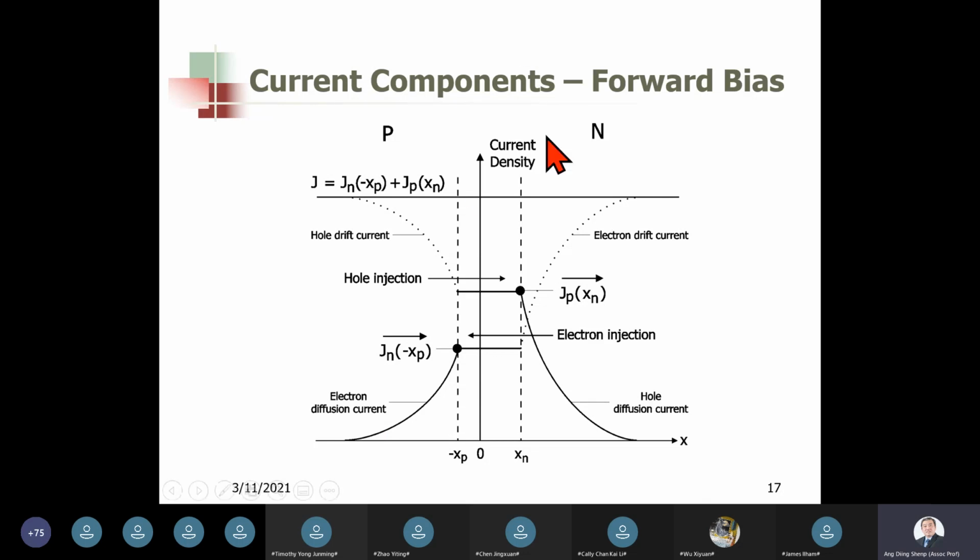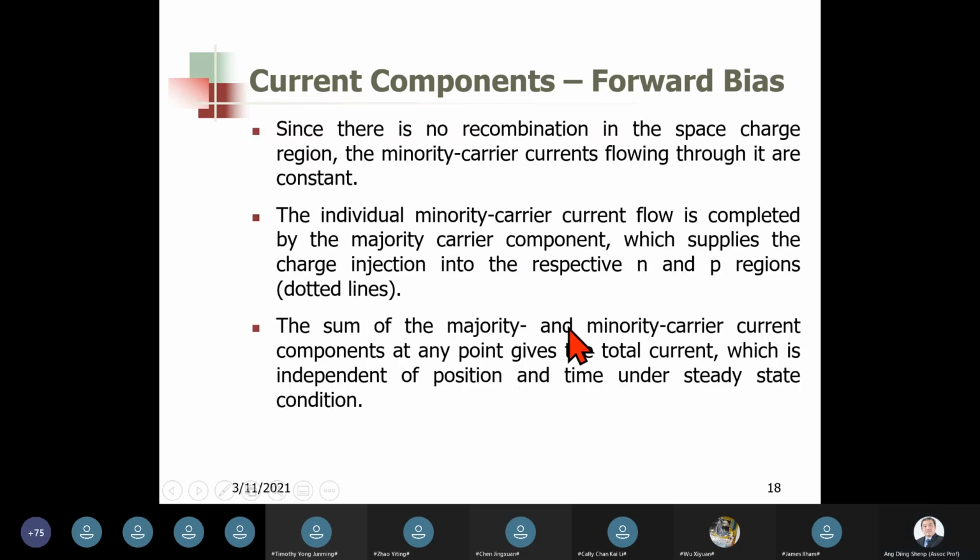So with this, the discussion on forward bias is fully complete. And we have also successfully obtained an equation that will quantify the total current flow through a forward bias PN junction, simply by adding up the respective diffusion current or current density at the edges of the space charge region.